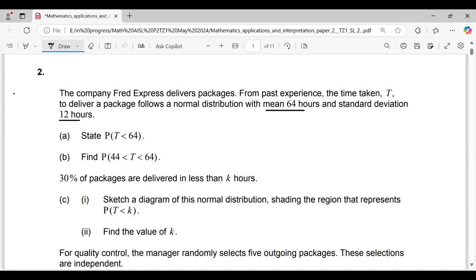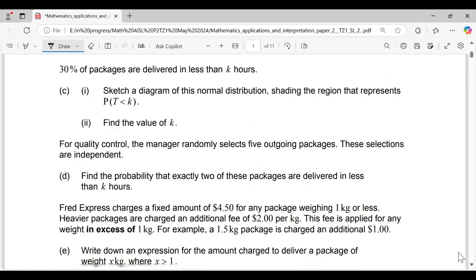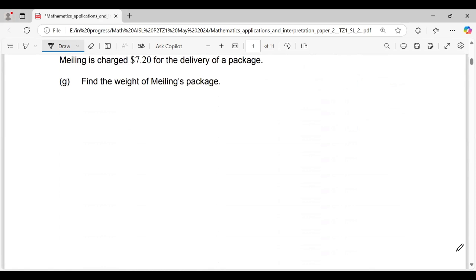State the probability that T is less than 64. The probability that T is less than mu, which is 64, is always 0.5.